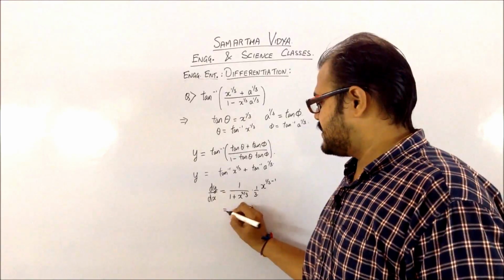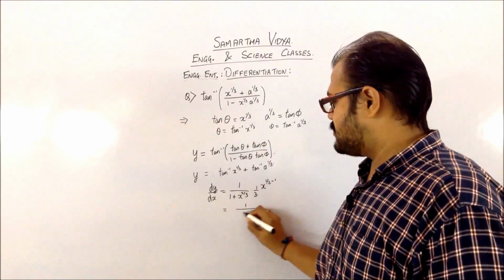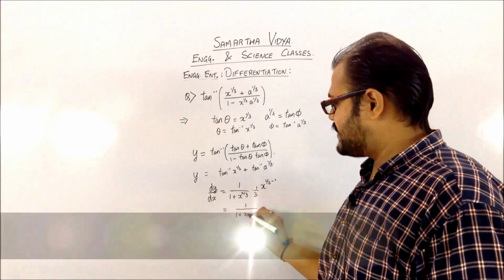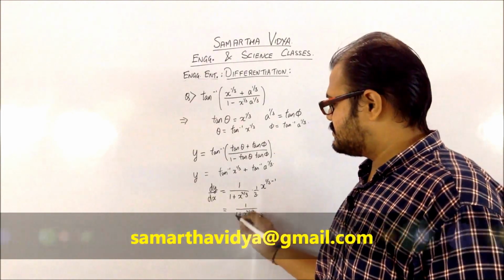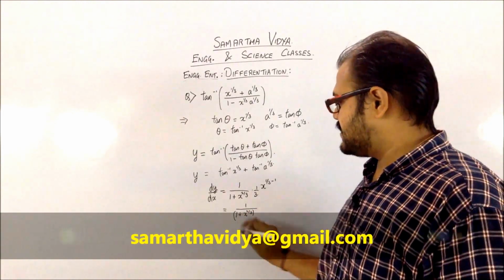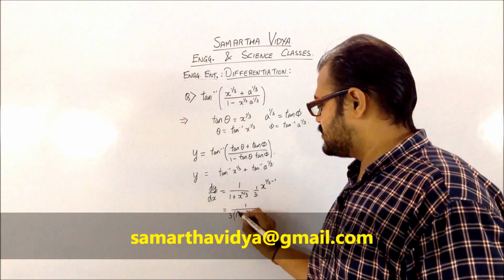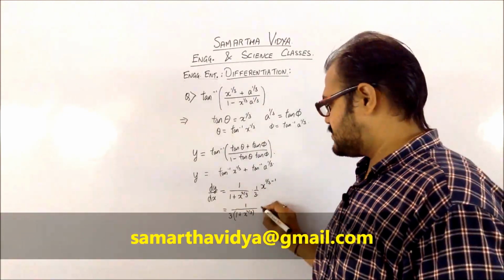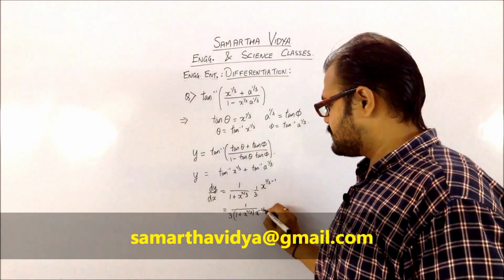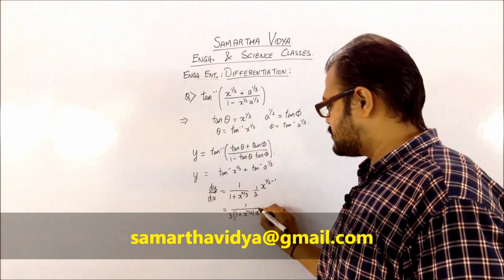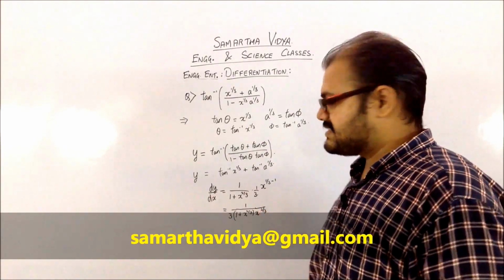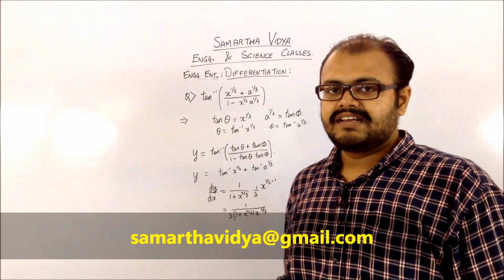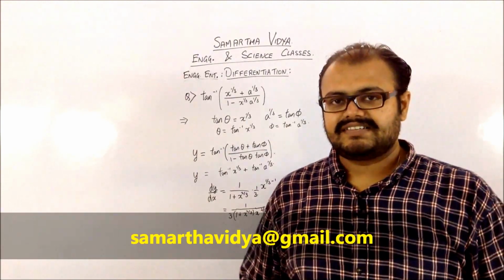So on solving that, you will be getting this as 1 upon 1 plus x square by 3. This thing multiplied by the 3 goes over here, and this will be nothing but your x raised to minus 2 by 3, which goes in the new denominator as plus 2 by 3. So this is how you will be finding your derivative of this term.